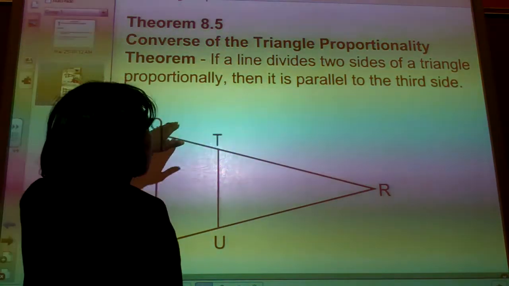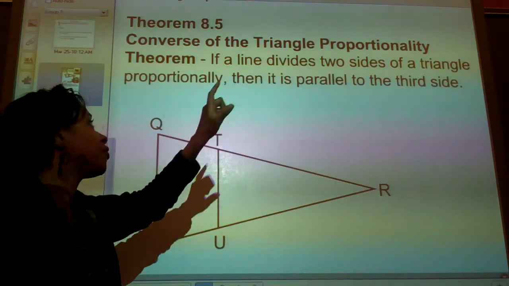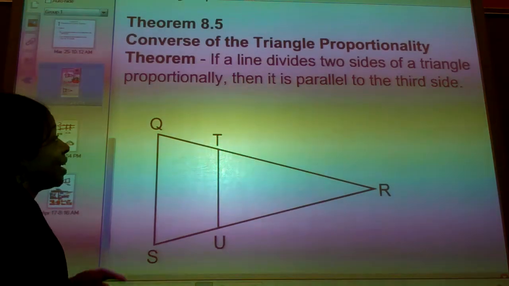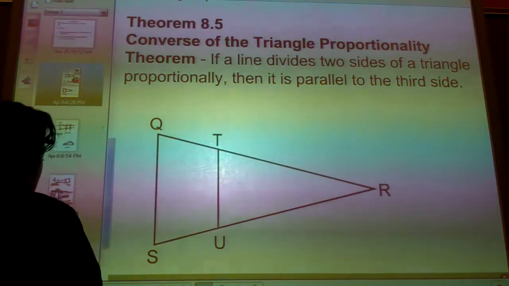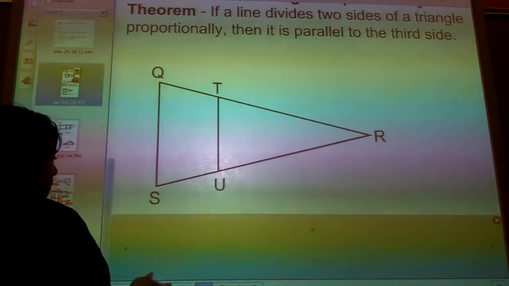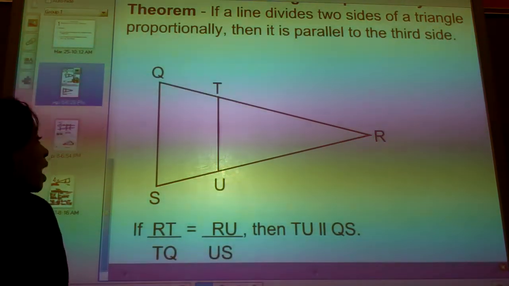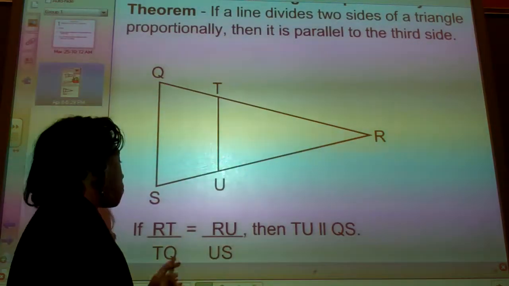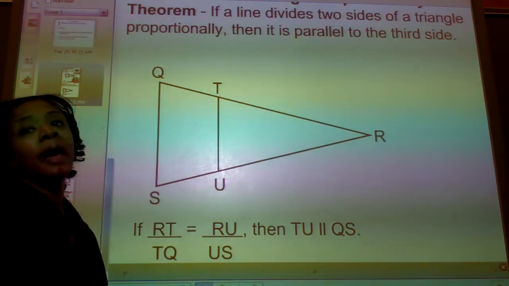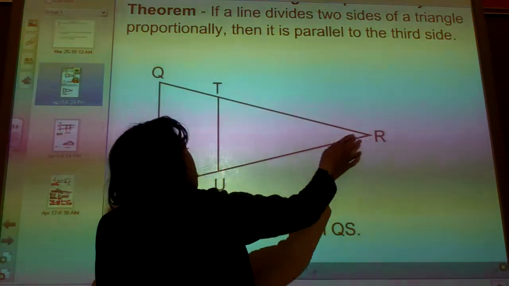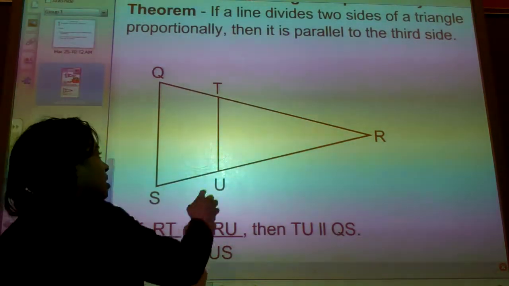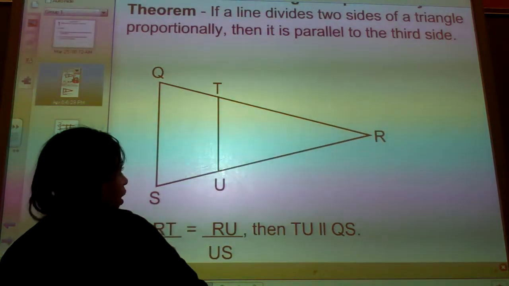The opposite of the Triangle Proportionality Theorem is: if a line divides two segments of a triangle proportionally, then it is parallel to the third side. So what is that going to look like? This time I'm saying first, if segment RT is proportional to TQ, and if RU is proportional to US, then that's going to mean that TU is parallel to QS.